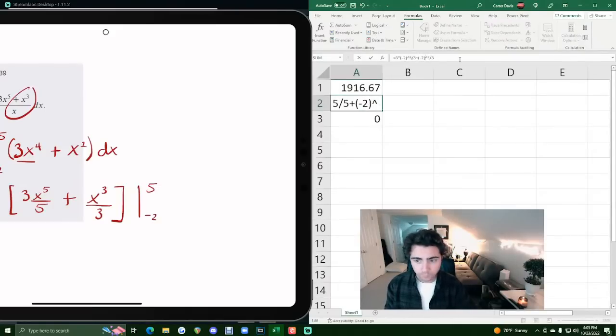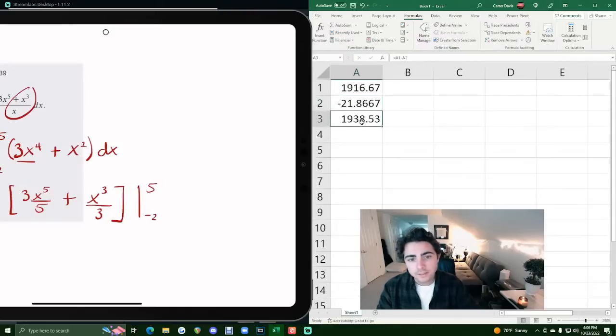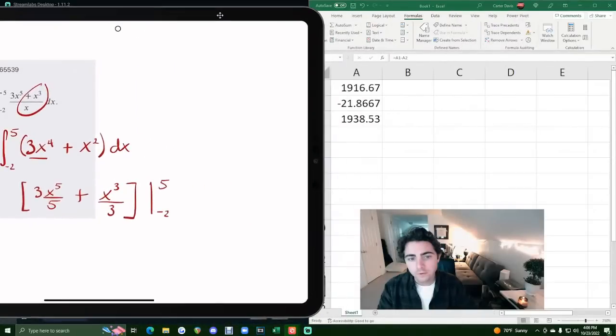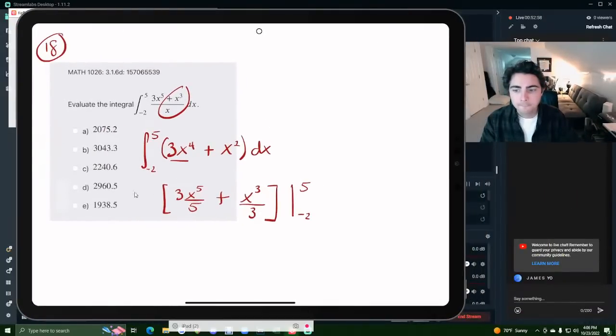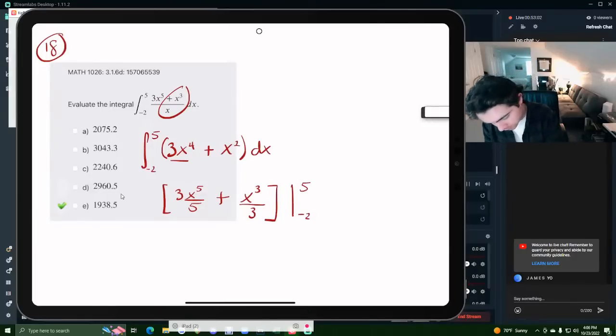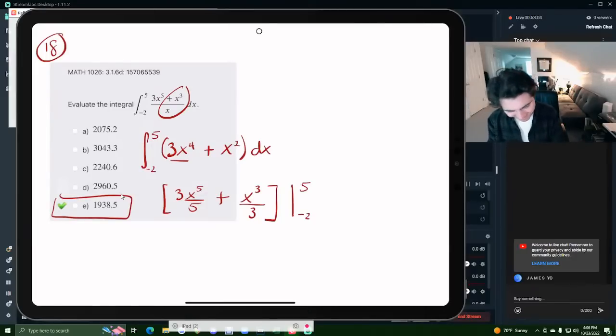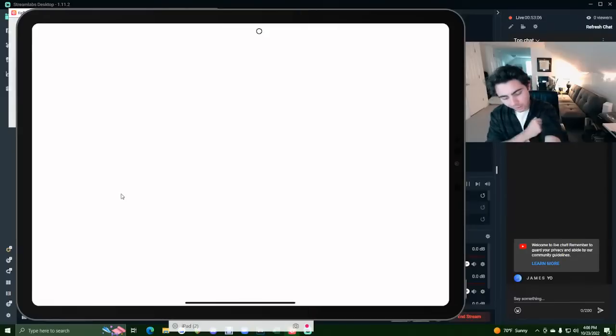Like so. I think that's it. So we get the 5 evaluation, the -2 evaluation, and this has subtracted them for us. So we have 1938.5, and that is an answer choice. It's option E. And we are done. That was number 18.